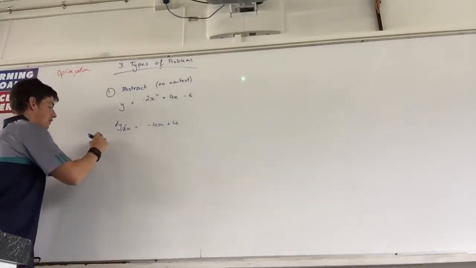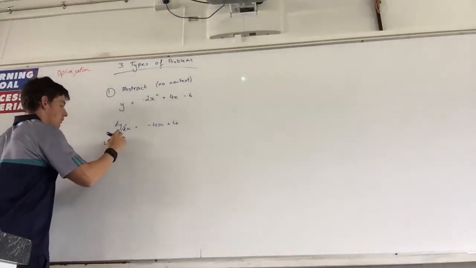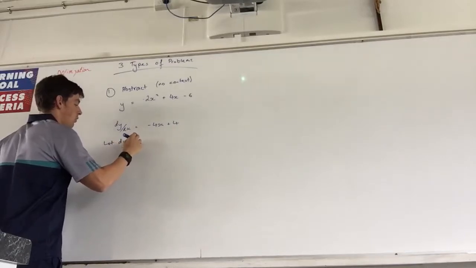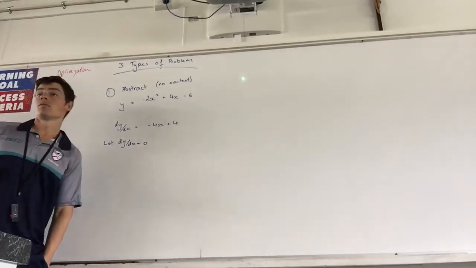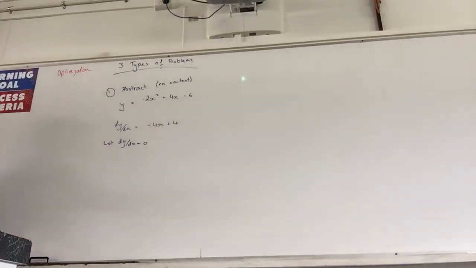Now I'm going to let that equal what? 0. And I want that to equal 0 because I'm looking for what? Tangent. I want my tangent to equal 0 because I want the turning point. Now with turning points, they can look like this, they can look like this.